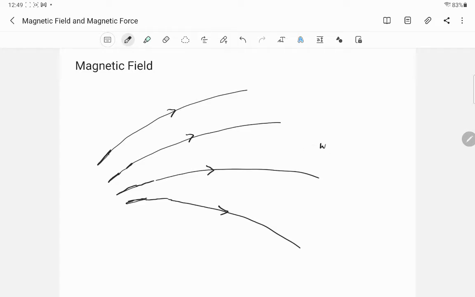You'll recall that when the field lines are further apart, the strength of the field at these places is weaker. And when the field lines are closer to each other, that's how we depict a stronger electric field. Then the direction of the field is indicated by the direction on the field lines. So, stronger and weaker.